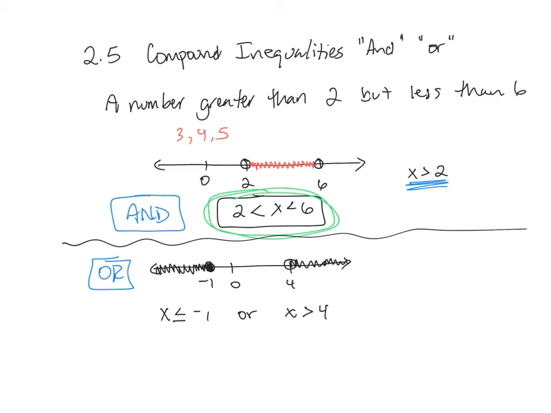Less than -1, okay, -2, -3, -4, and greater than 4, it's impossible. So the solution to this one is any number less than -1 or greater than 4. So 5, 6, 7, 8, that works. -2, -3, -4, -5, that works. Just nothing in between them.